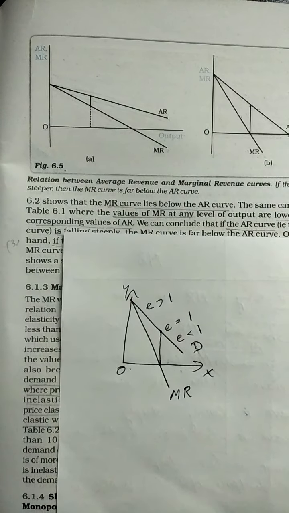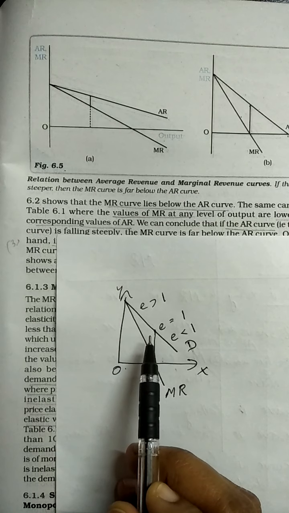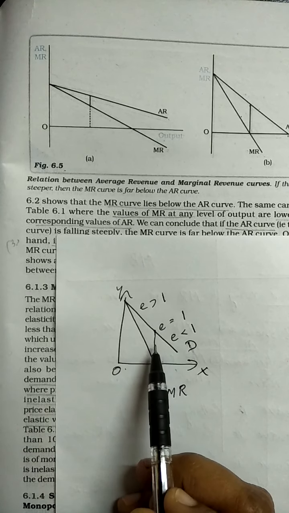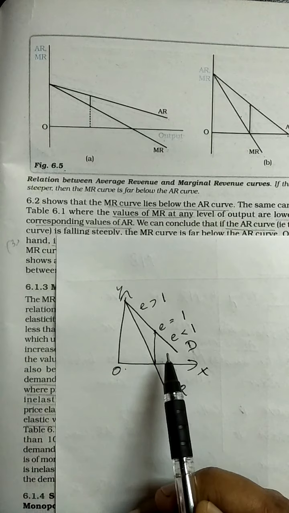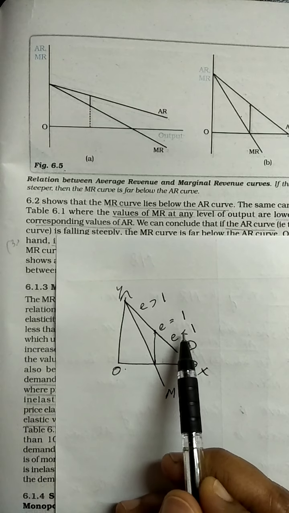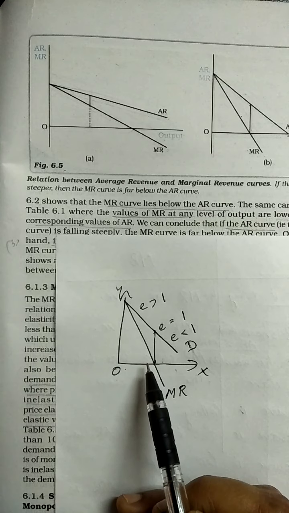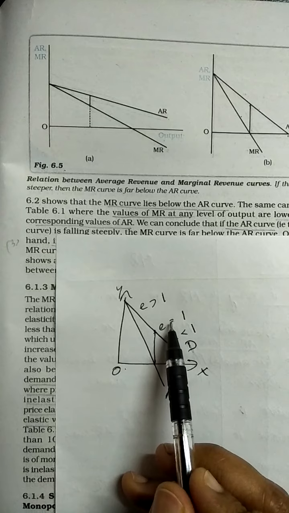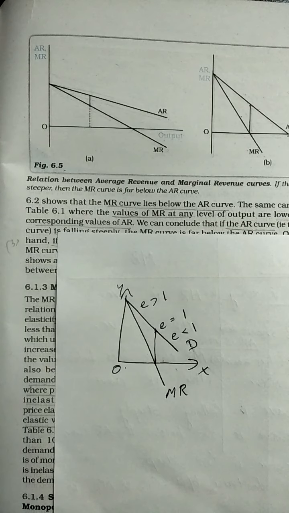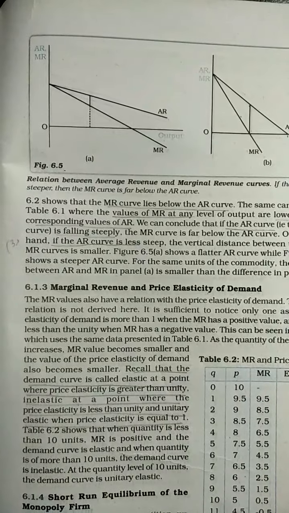That is, if the demand curve is elastic, then price elasticity of demand would always be greater than 1. If the demand curve is inelastic, in this portion, then price elasticity would always be less than 1. If the demand curve is unitary, then the point elasticity is always equal to 1. So these 3 points we have to keep in mind always.